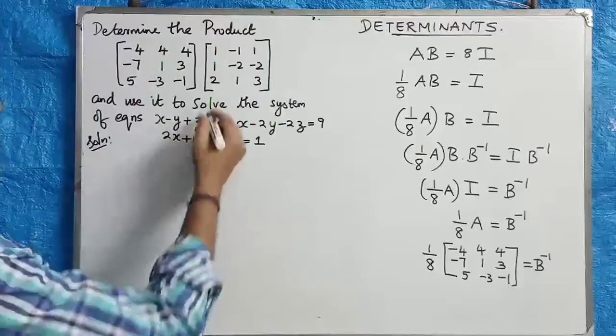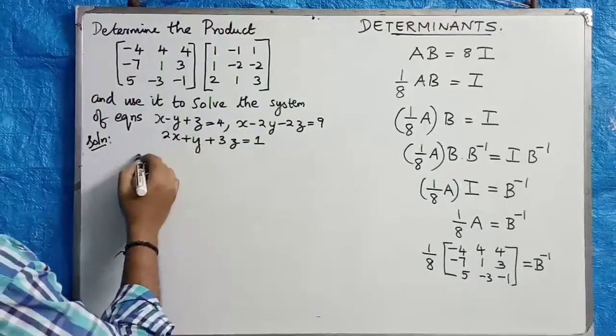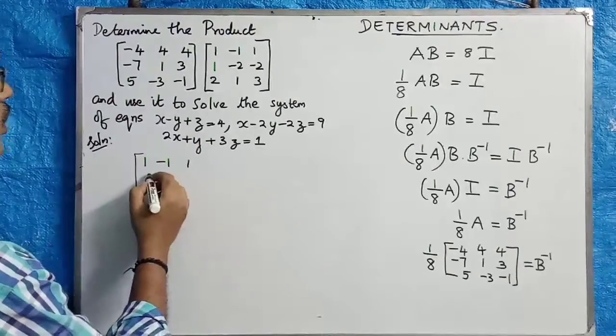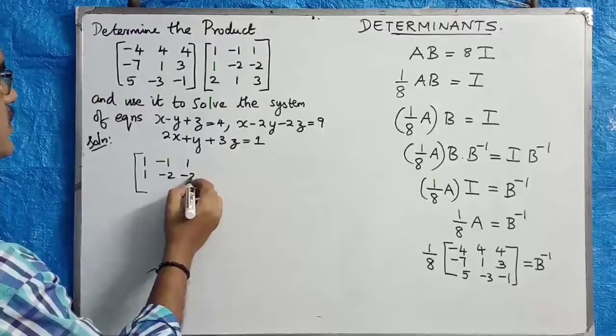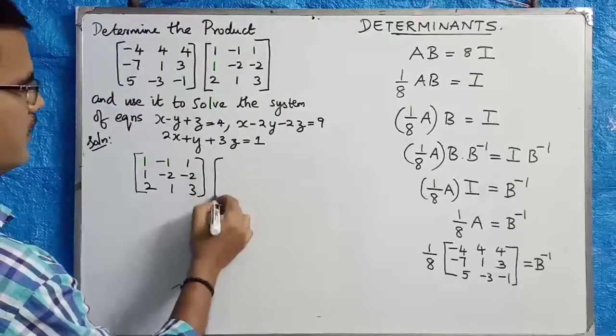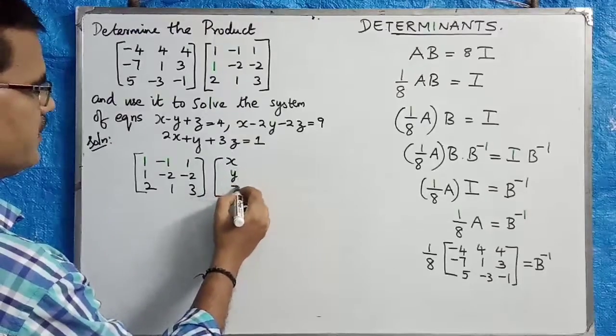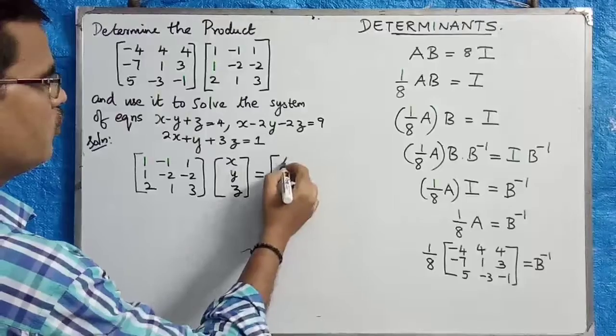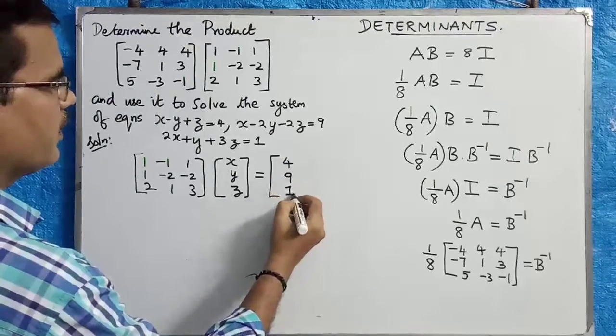Now let us write the given equations as 1, minus 1, 1; 1, minus 2, minus 2; 2, 1 and 3, times x, y, z, equals 4, 9 and 1.